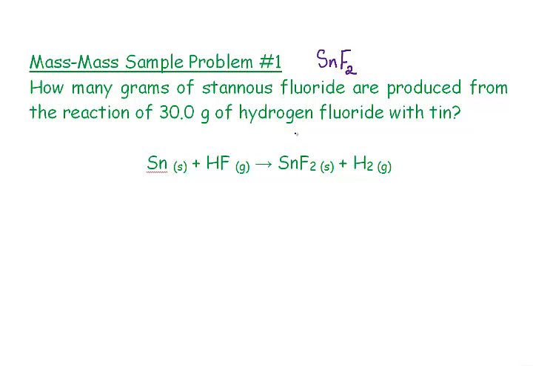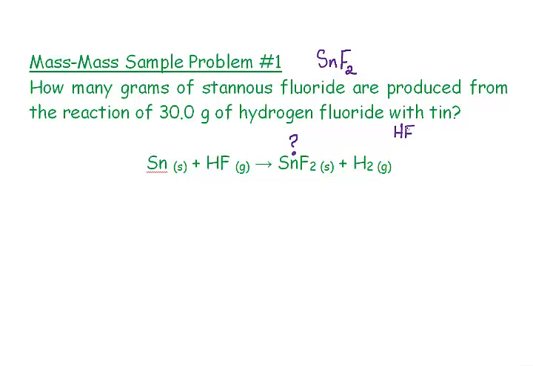What I will typically do when I know what I'm looking for is put a question mark over it. So that's what I'm looking for. That's where we're going to end up in this calculation. Where are we starting? It says how many grams of stannous fluoride are produced from the reaction of 30.0 grams of hydrogen fluoride. Hydrogen, H plus 1, fluorine, F minus 1.